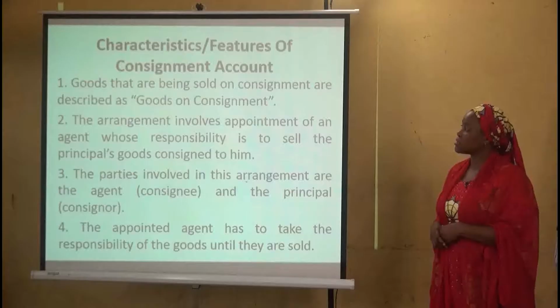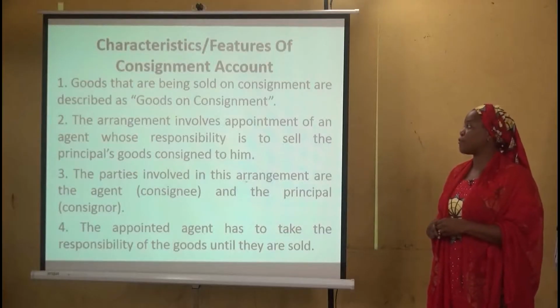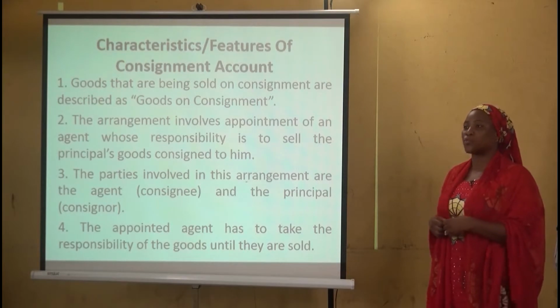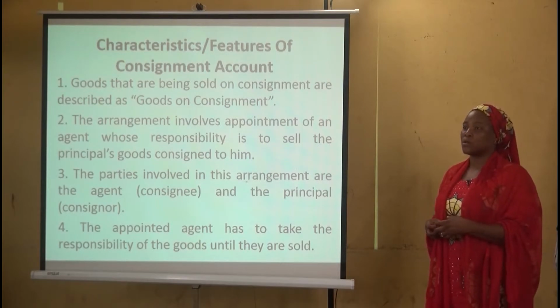Then secondly, the arrangement involves the appointment of an agent whose responsibility is to sell the principal's goods consigned to him. There must be an arrangement between an agent who is responsible for selling the goods and the principal.